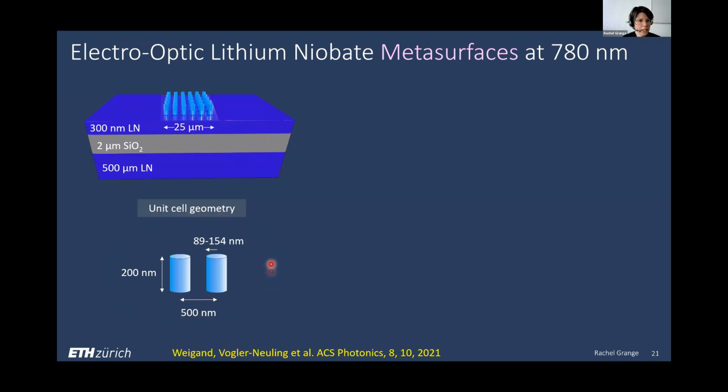And here you see the kind of unit cell geometry we were aiming at to obtain a lithium niobate metasurface in order to modulate the phase along this metasurface. Here, the difference from before is that the substrate is transparent. We use a lithium niobate substrate and not a silicon substrate anymore. So we could really use this as a metalens or as a transparent metasurface.